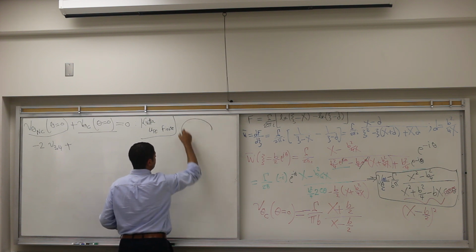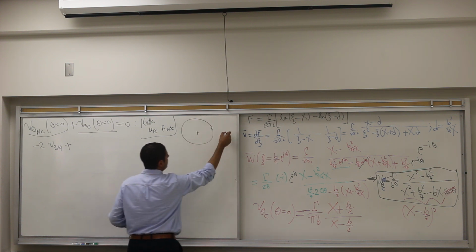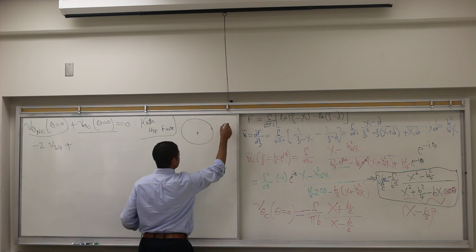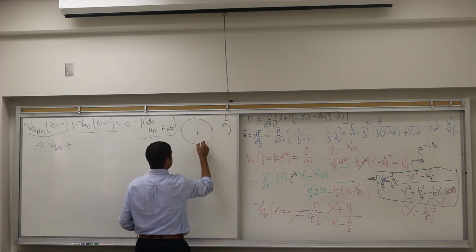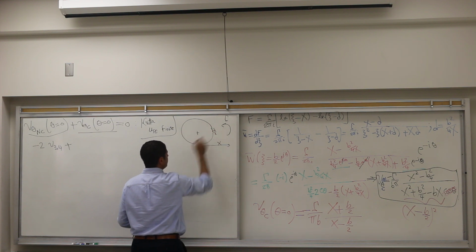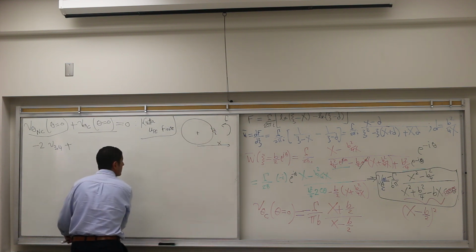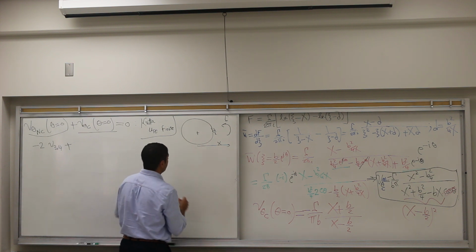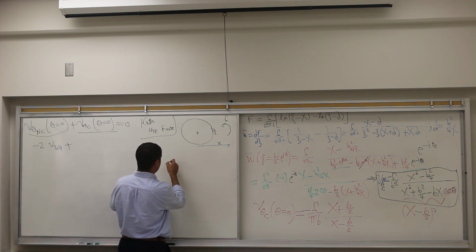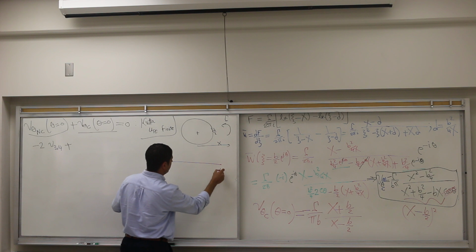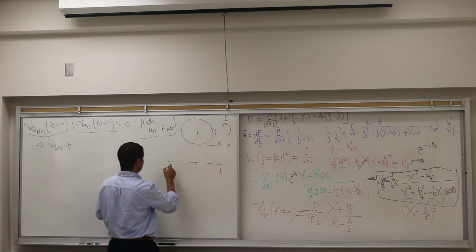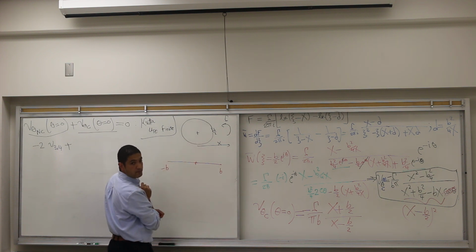So you have your cylinder, you have gamma here at a distance x, okay? And this is b over 2. Over there in the plate domain, the plate is from negative b to b, right?